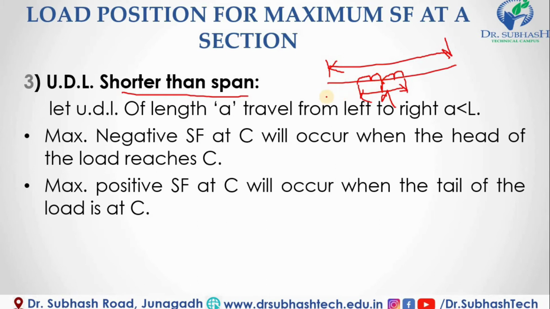Section C should be placed near A. So if our UDL moves, the load should be moving throughout the entire span 0 to L. The negative shear force at C will occur when the head of the load reaches C, and the maximum positive occurs when the tail of the load is at C. That will be understood better when we calculate the example.